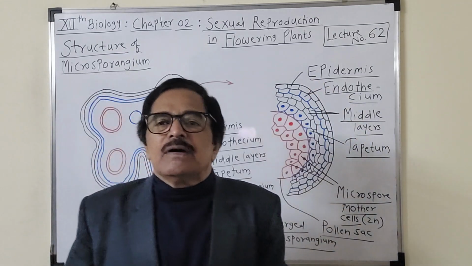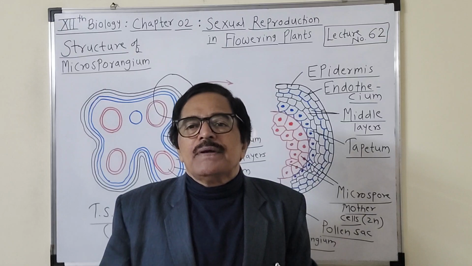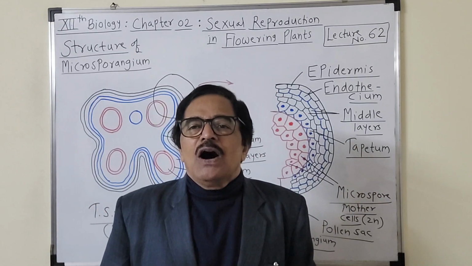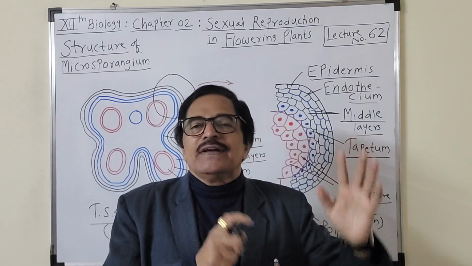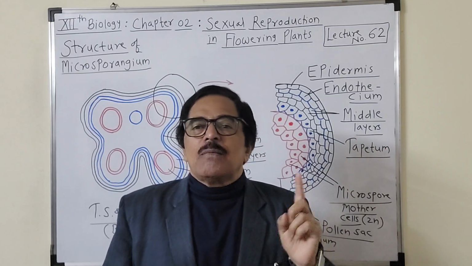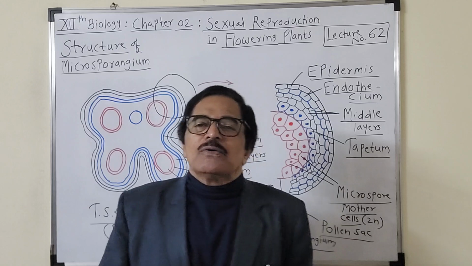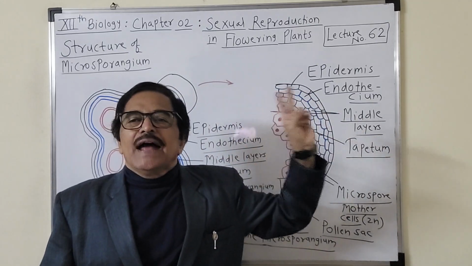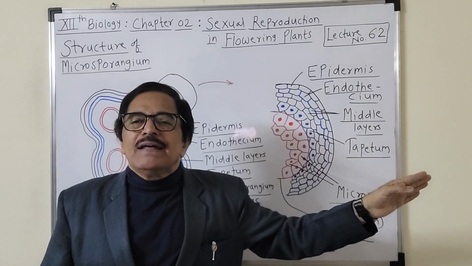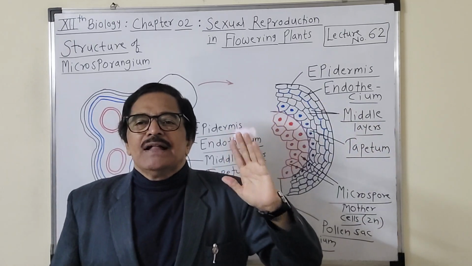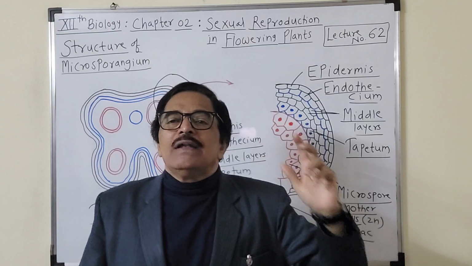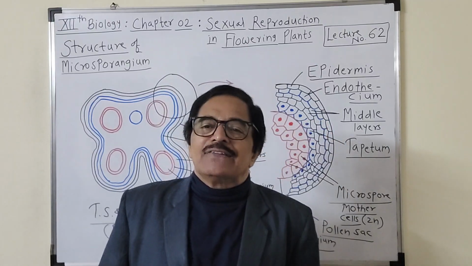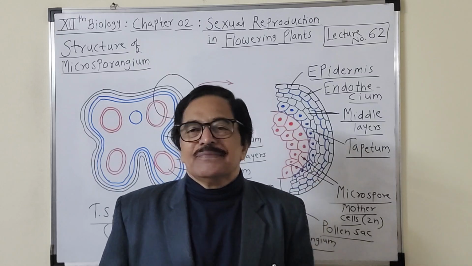Many times in NEET MCQs it may be asked to arrange the following in order or give the correct sequence. The correct sequence from outer to inner is epidermis, endothecium, middle layers, tapetum. The innermost wall layer of anther is known as, the correct answer is tapetum.